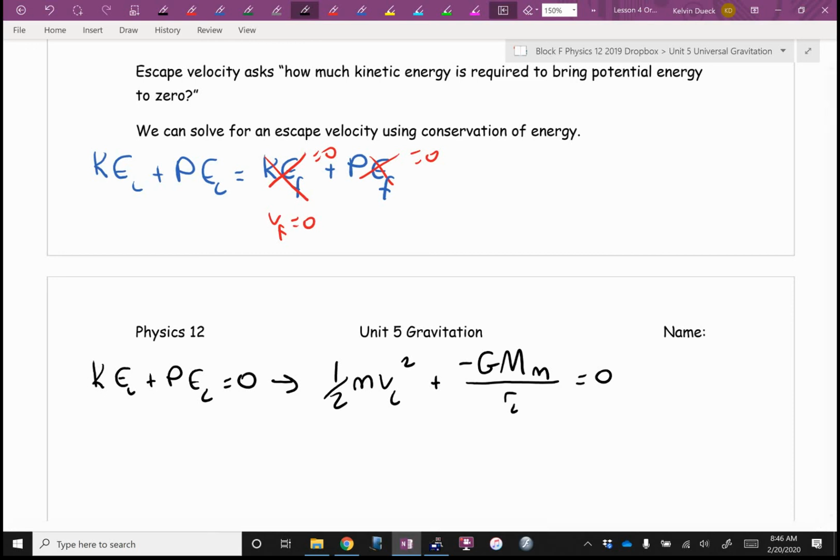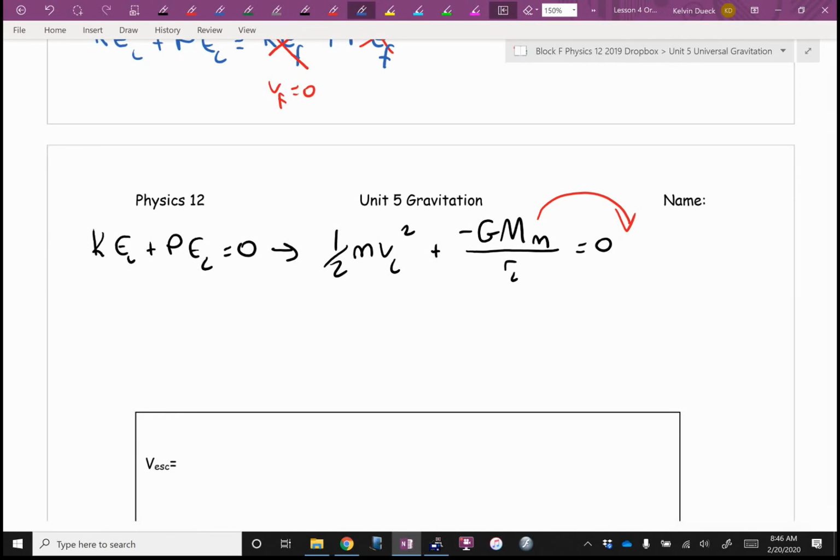And I want to get the v by itself. I think the first thing that I would do is move this negative term over to that side and replace the 0 with that. I'll get a half m v initial squared equals positive big G, big M, little m over r initial.